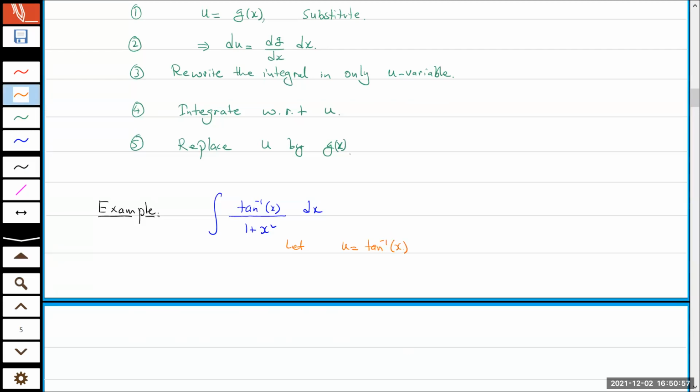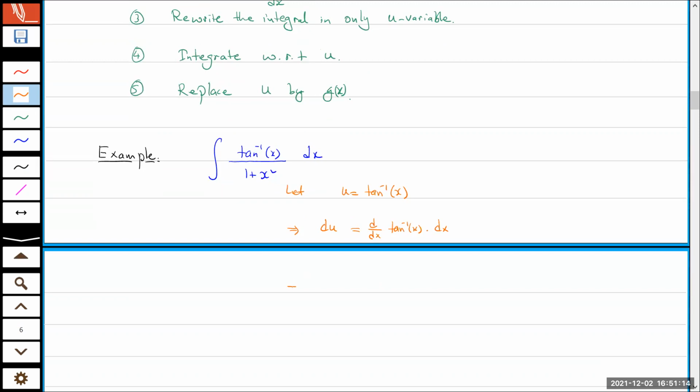Once I have made my substitution, I do the differential. du equals d over dx of tan inverse of x times dx. The derivative of tan inverse is 1 over 1 plus x squared multiplied by dx. Super.